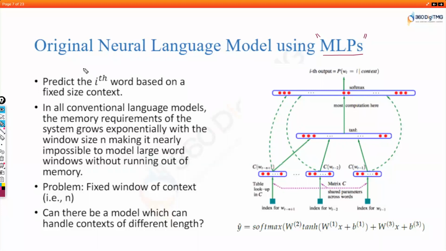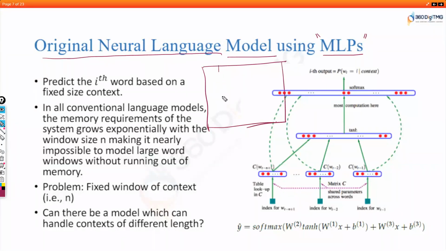Say you have 3 words and you want to predict the 4th word. So that is a model that we are building using MLP. What you do is you get the data from, say, Wikipedia, newsletters, news articles, etc. And you say word 1, word 2, word 3, and say you want to predict word 4.